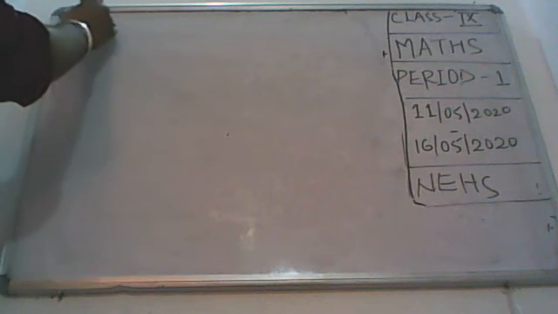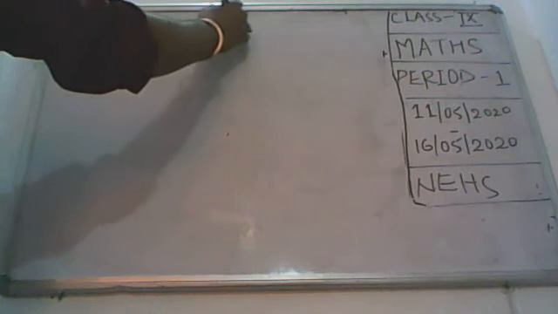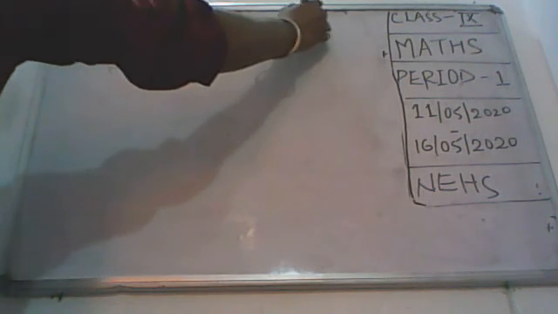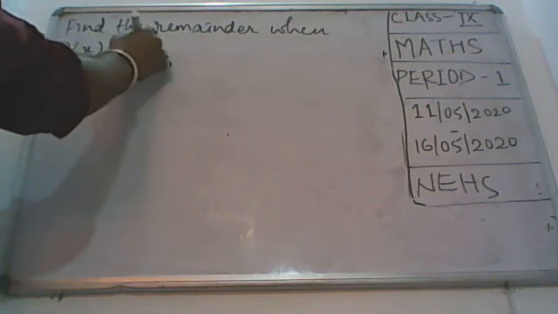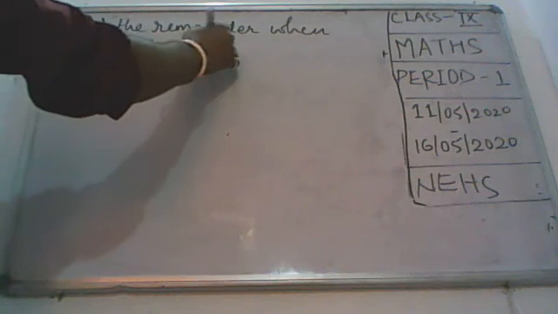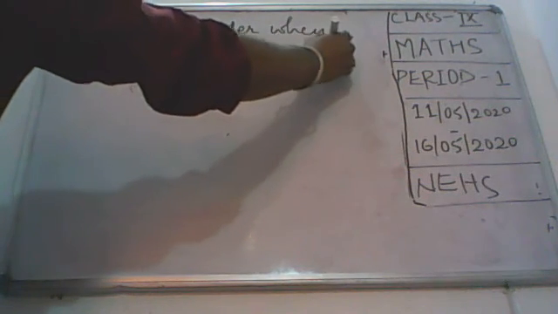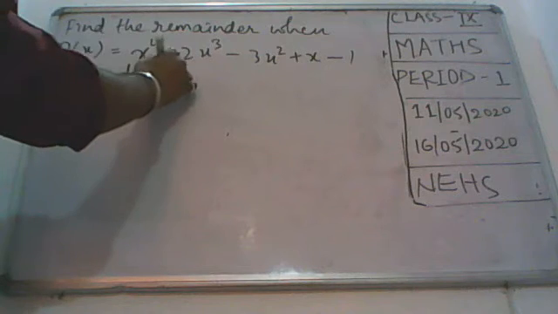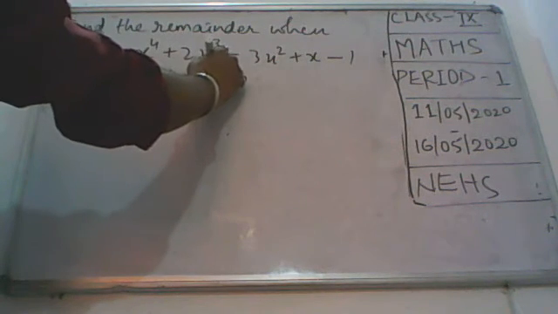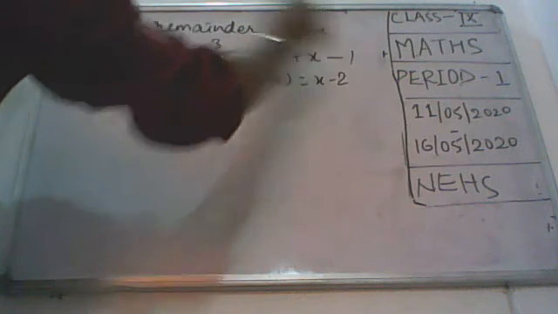Find the remainder when P(x), that is given, x to the power 4 plus 2x cube minus 3x square plus x minus 1 is divided by g(x) equal to x minus 2.